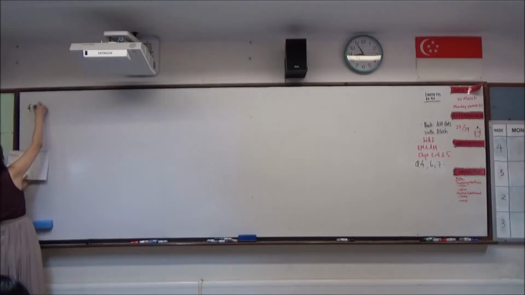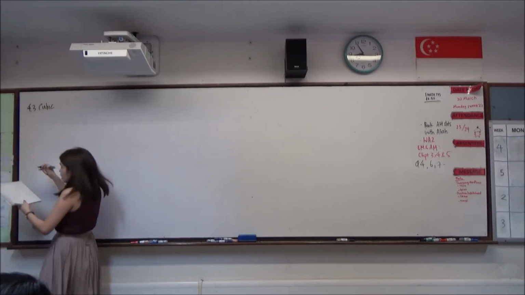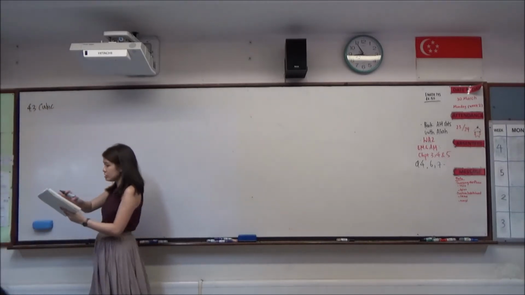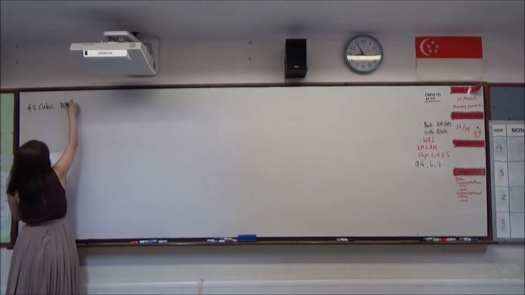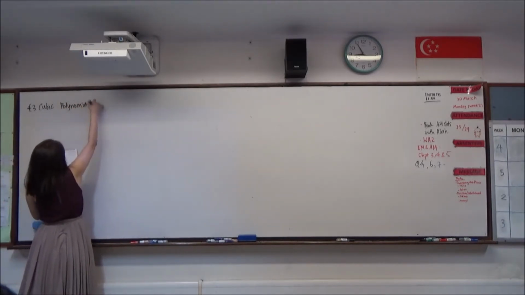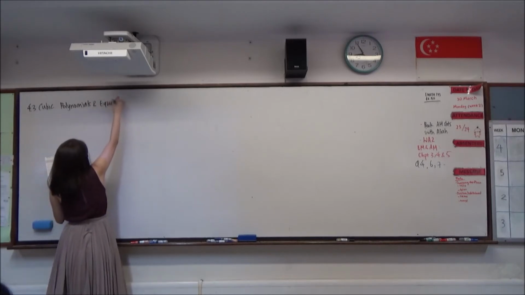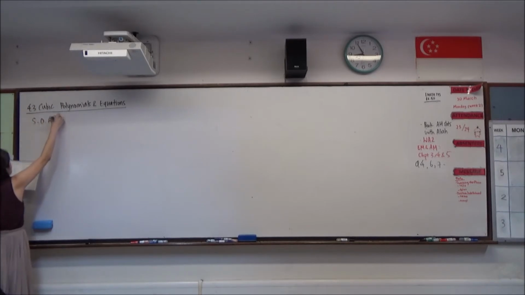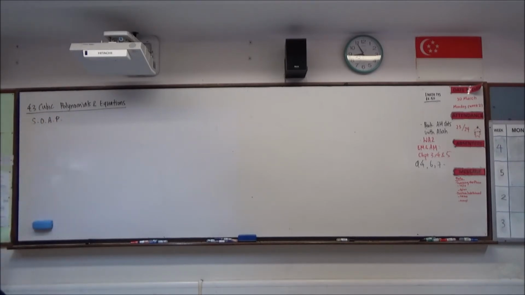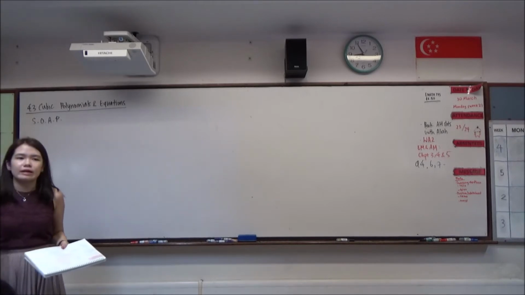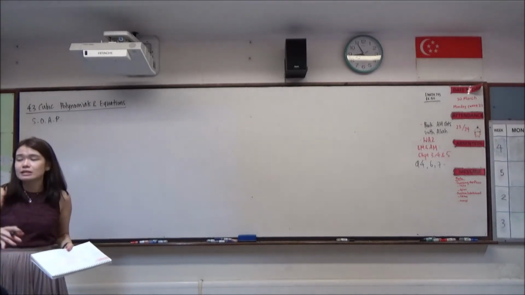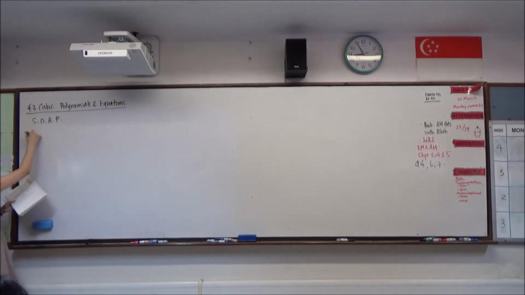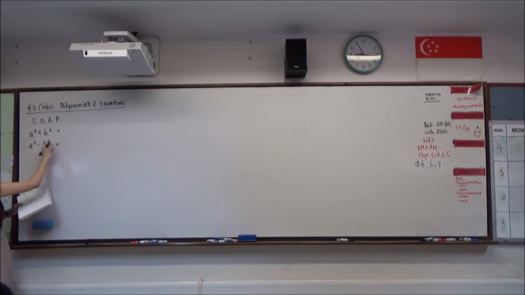Right, we were looking at factorizing cubic expressions. So we make use of SOAP, to know when it is going to be a positive or minus sign, when we are factorizing the sum of cubes and difference of cubes.